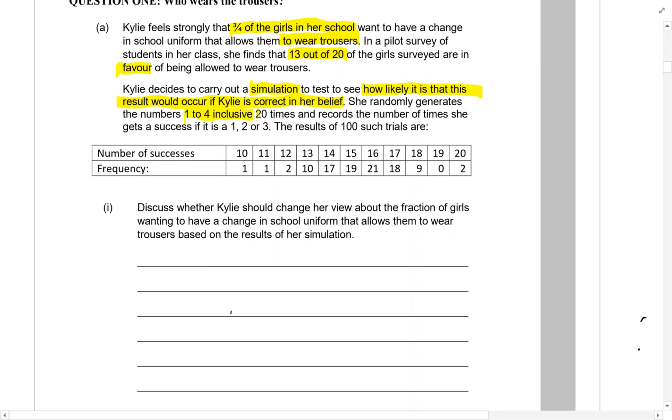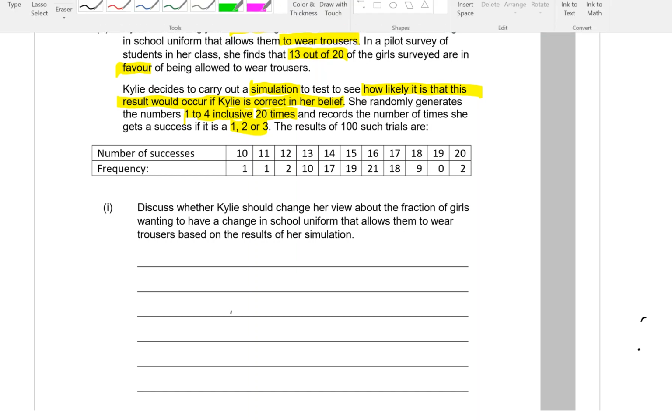She does this 20 times and records the number of times she gets a success if it is a 1, 2 or 3. So if she gets a 1, 2 or 3, that represents a girl being in favour of the change to trousers. A 4 represents being against it. The results of 100 such trials are shown below.